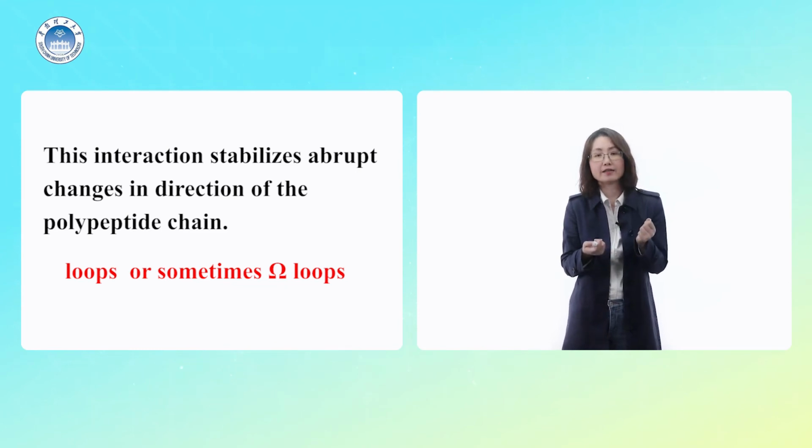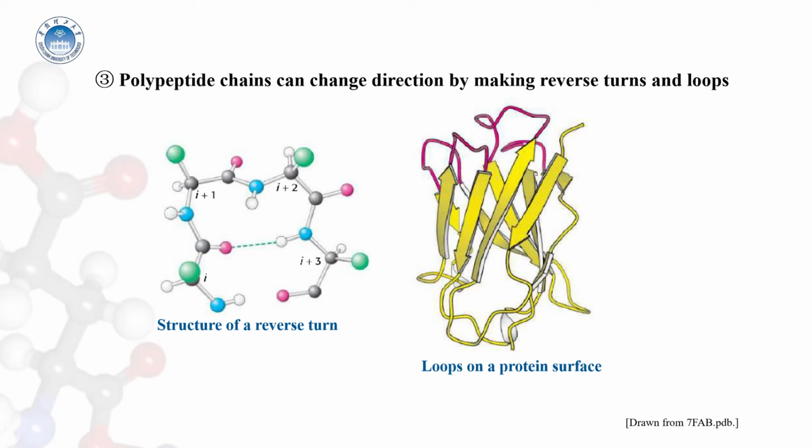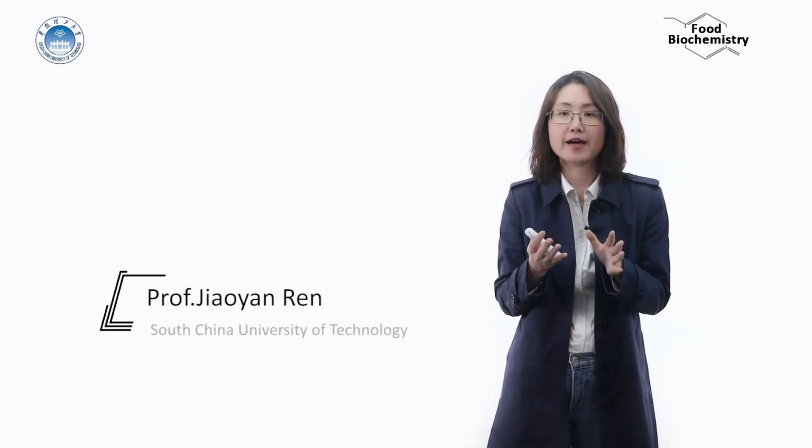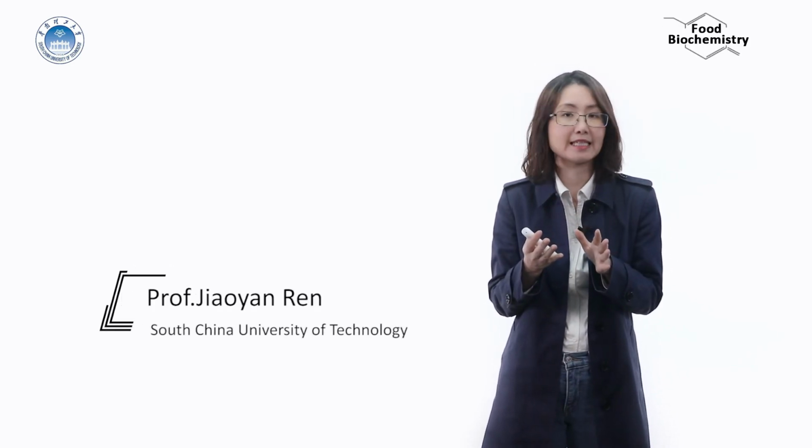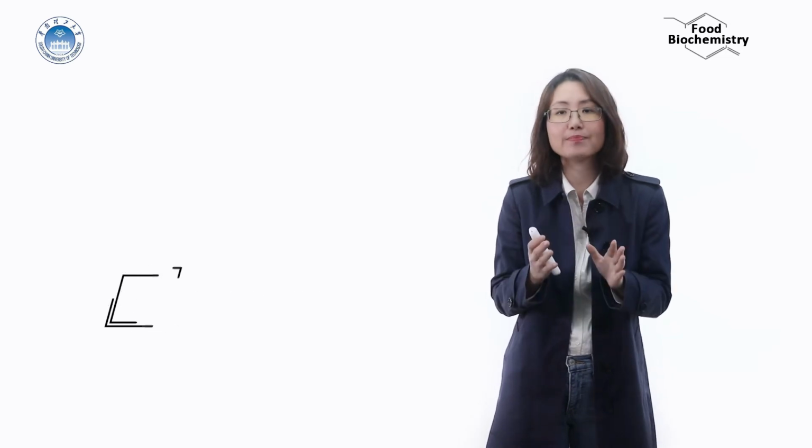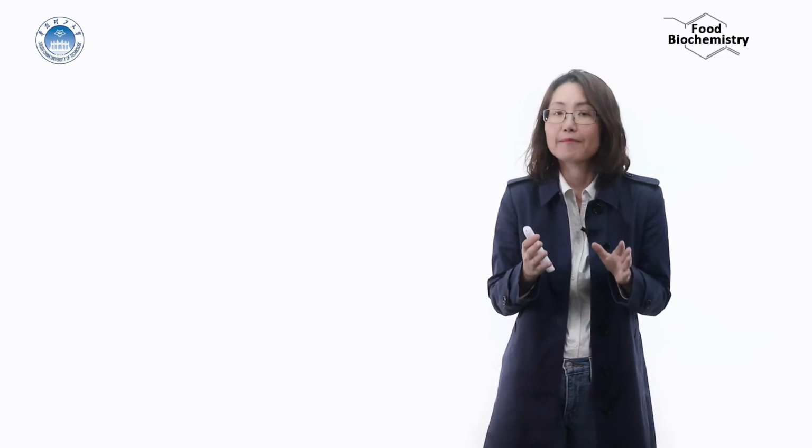Unlike alpha helices or beta strands, loops do not have regular periodic structures. Nevertheless, loop structures are often rigid and well defined. Turns and loops invariably lie on the surfaces of proteins and thus often participate in interactions between proteins and other molecules.